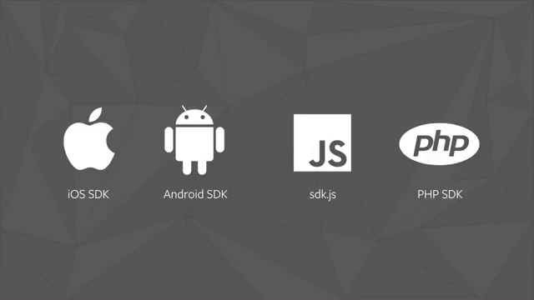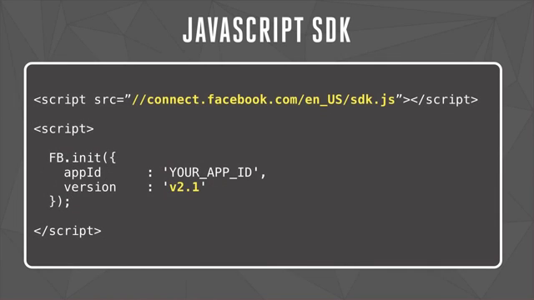For iOS, Android, and PHP, these SDKs call V2.0 or V2.1 under the hood. For the new JavaScript SDK, you specify the version number in your init call. Note that the new JavaScript SDK should now be loaded from a new path, sdk.js.